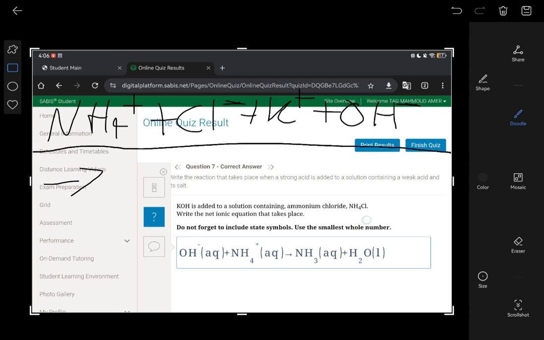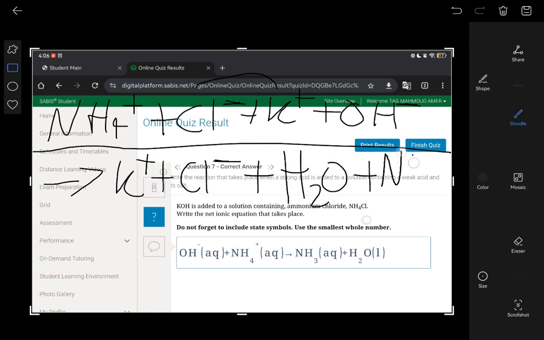I'll draw a line here to show you what you can cancel. So the K here goes with this here, and it gives you the salt, and then it gives you water and ammonia. You're asking why? Because this H goes over here, so the positive leaves and the negative cancels out with the positive, so it becomes water. So it gives you K plus and Cl minus plus H2O plus NH3.